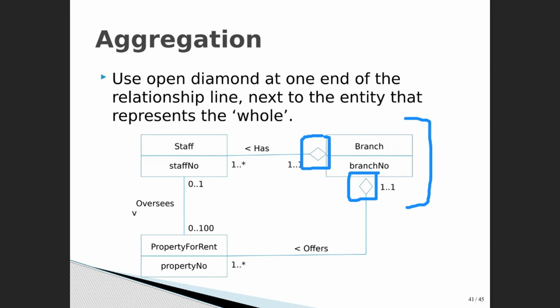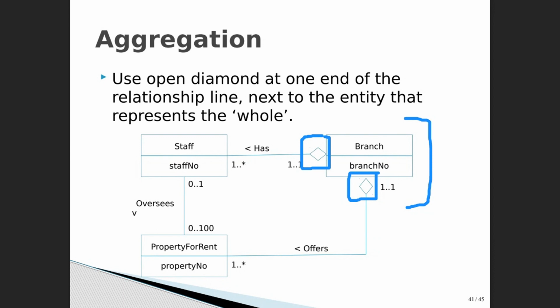So, for example, branch has staff and offers property for rent. The diamond shape here next to branch in both relationships will represent aggregation, which means that the branch has a staff member or has staff members and offers property for rent.